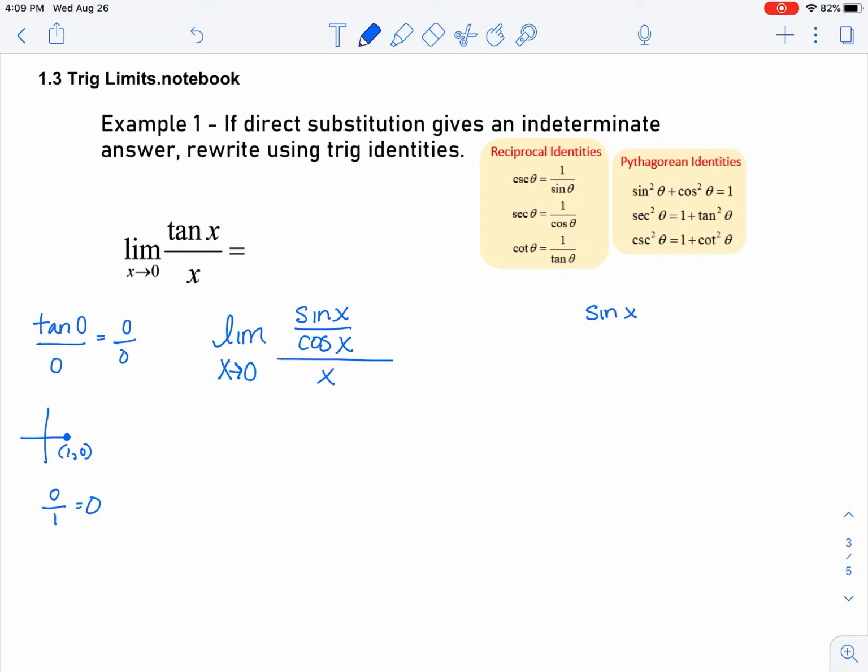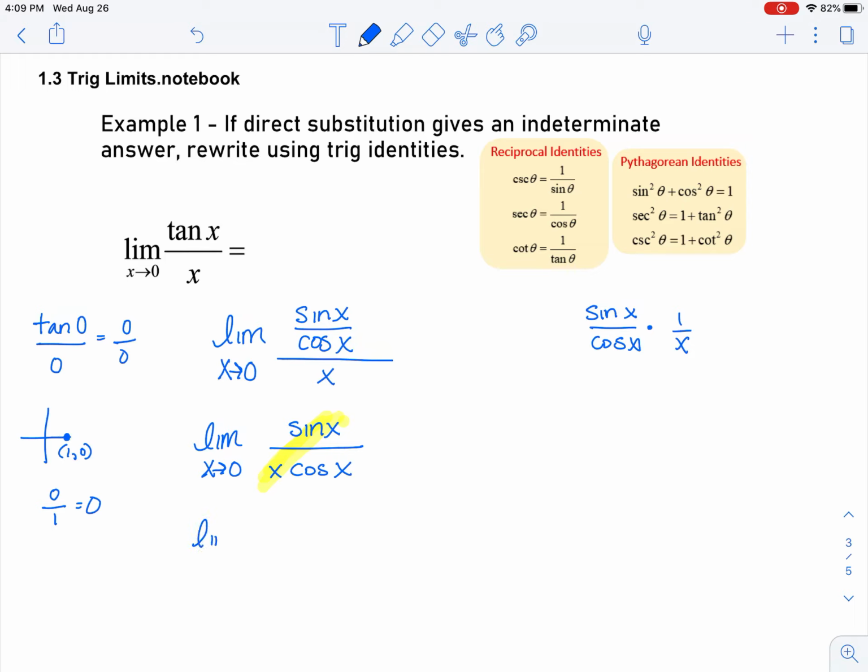Well, we can't divide fractions, we must multiply by the reciprocal. So we get the limit as x approaches 0 of sine x over x cosine x. And then we just did this right here: sine x over x, the limit of that.